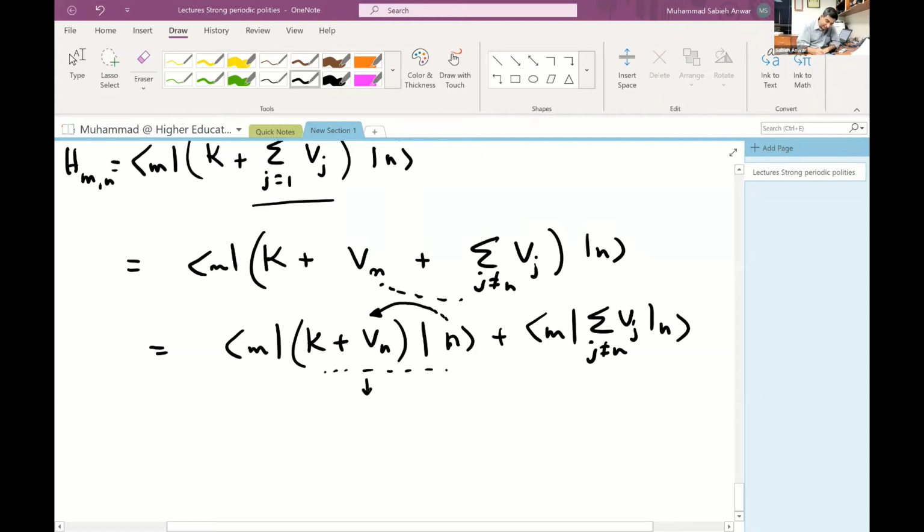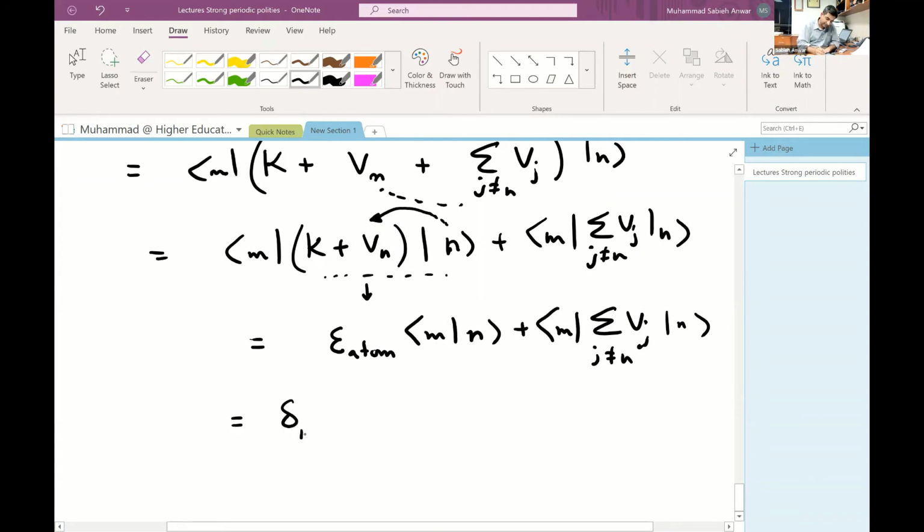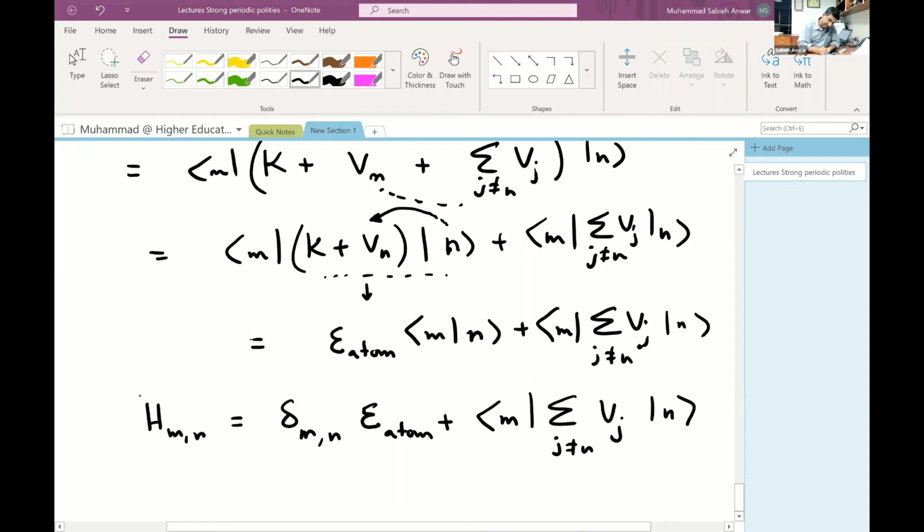So this is simply going to be equal to the atomic energy. Let's call this epsilon atom for the time being. This becomes bra m ket n plus, this remains what it earlier was, sum over all Vj of all of these elements. This becomes the Kronecker delta mn, the energy of a single atom, plus the sum over all these matrix elements. This is my mnth element of the Hamiltonian.